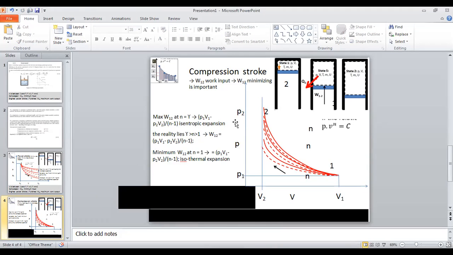Good. This is the minimum W1, minimum. Compression. This is the maximum. Oh, sorry. This is the maximum W1.